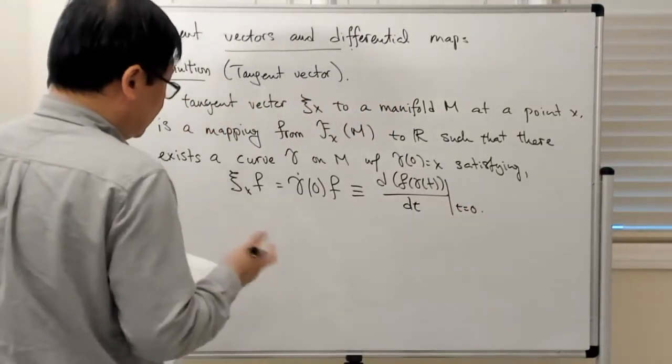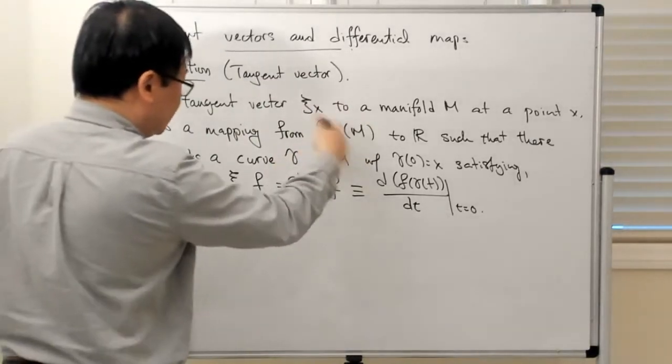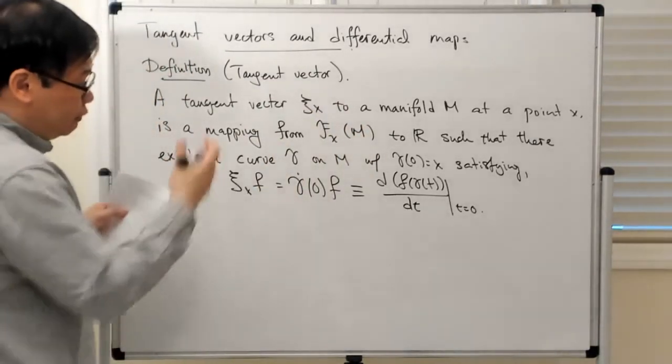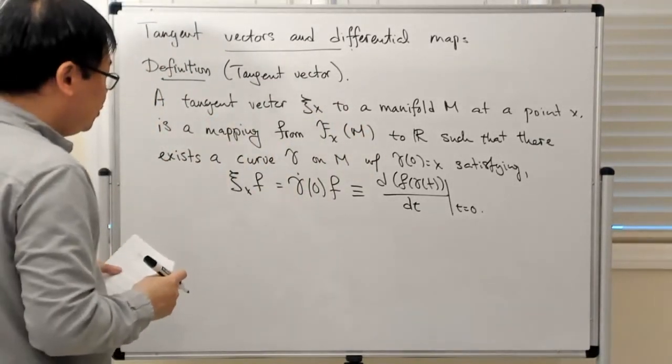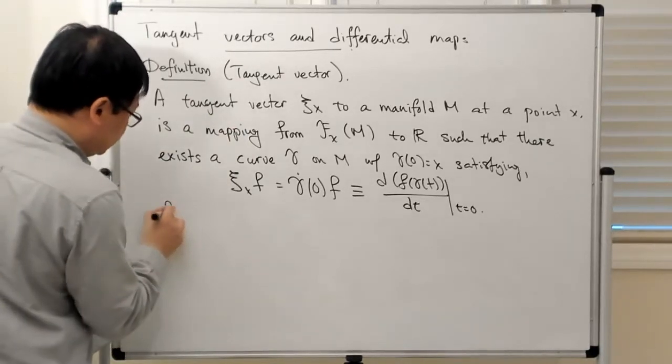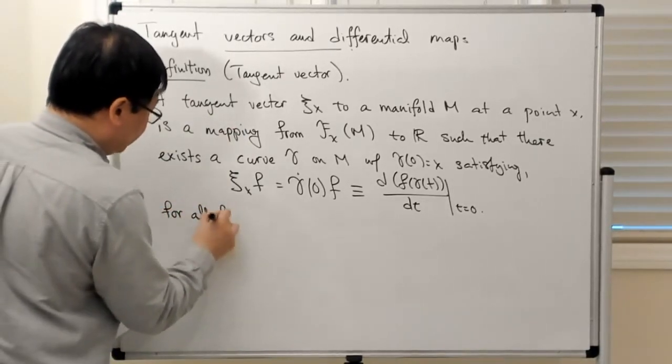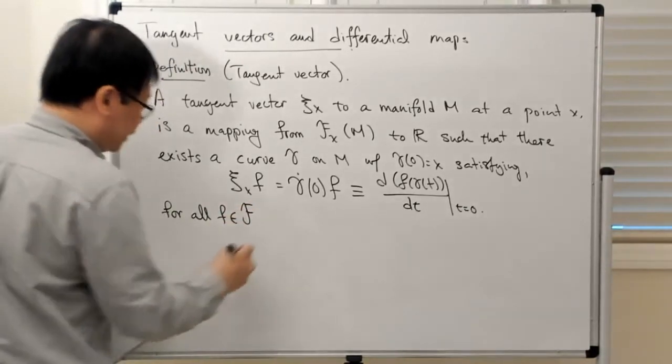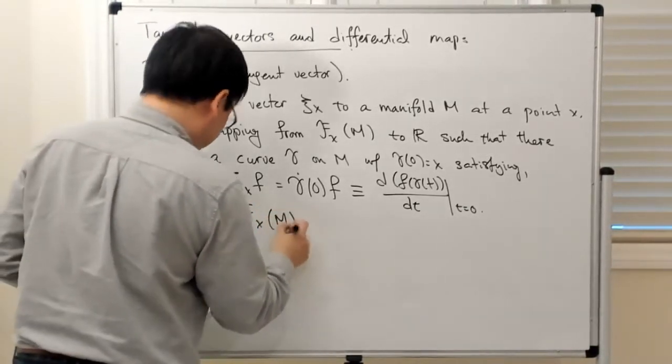This has to be true for all f in the space of real valued functions defined in some neighborhood of x, denoted script F sub x of M.